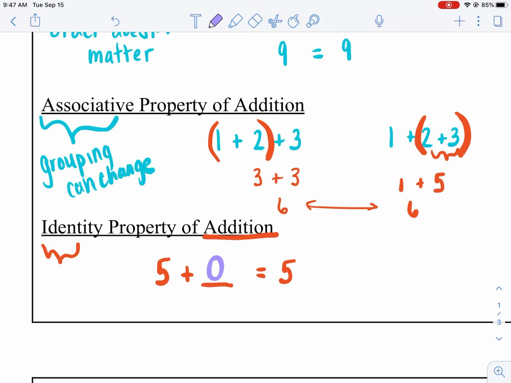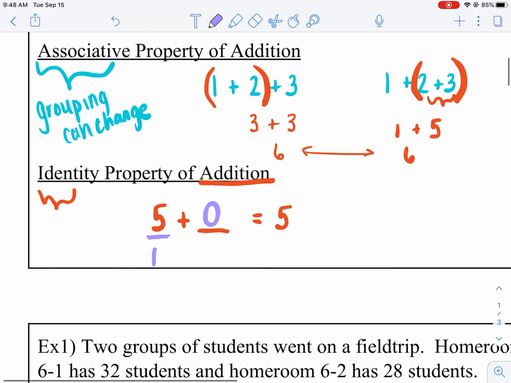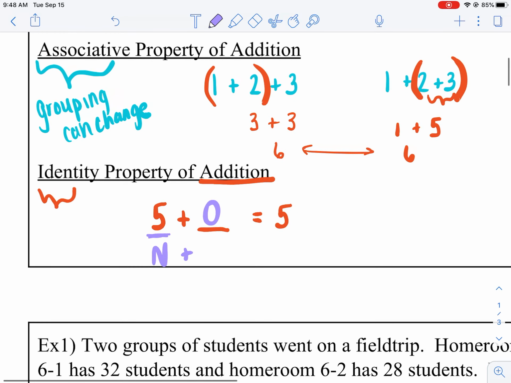If I add 0 to any number, we get that original number back, the identity. So the identity property is any number, I'm going to say n, for any number we want, plus 0 will be that number. Whatever number we want. We can put an 8 there, we can put a 6 there, and if we add 0, we will get that number back.